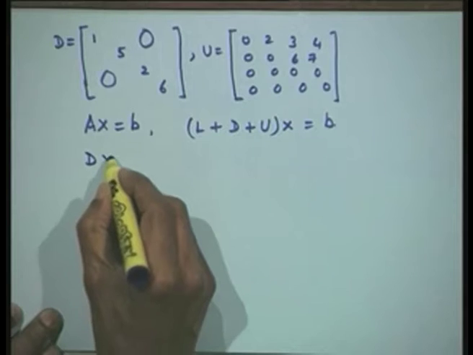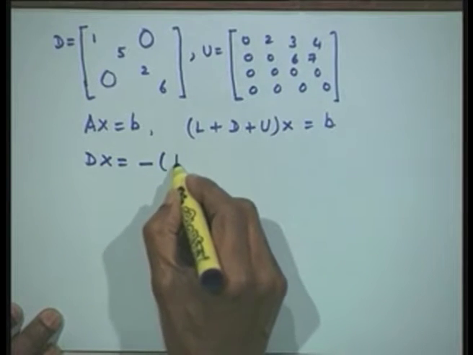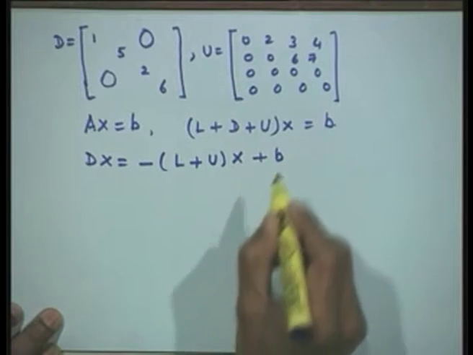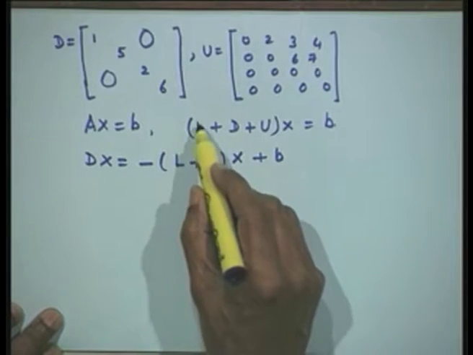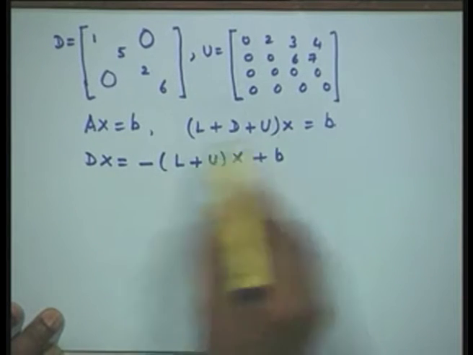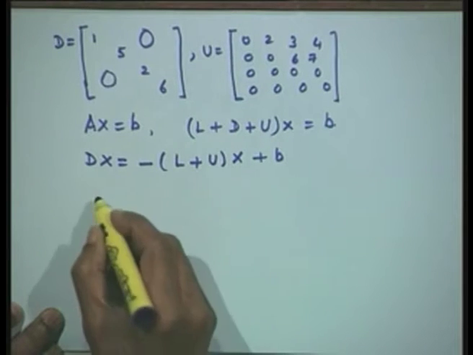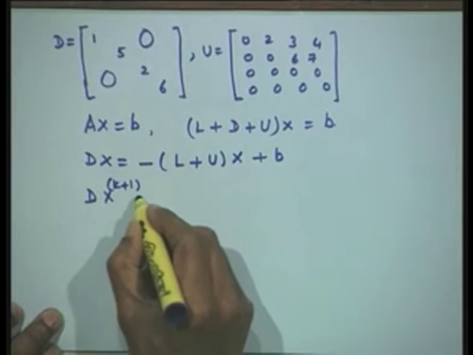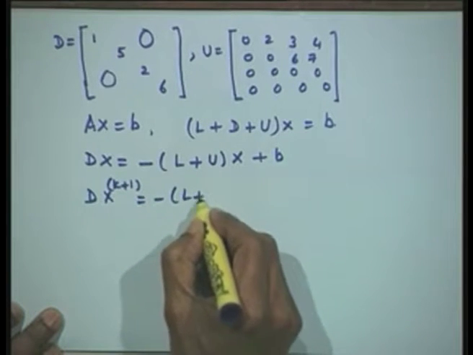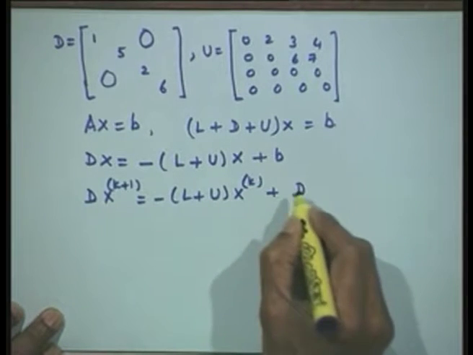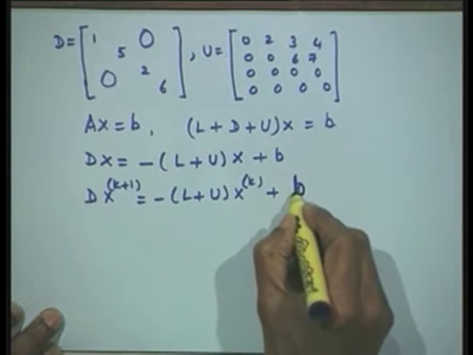Therefore, I would keep D on the left hand side and take the remaining things to the right hand side: minus (L plus U) x plus b. So, I take the contribution of the lower and upper triangular parts to the right hand side and write D x on the left hand side. Now, the iteration reads D x^(k+1) is minus (L plus U) x^(k) plus b.